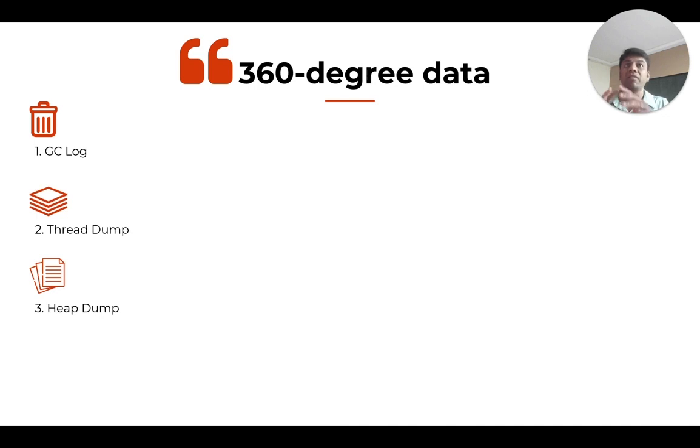That means the entire script completes running within 30 seconds, but if you take a heap dump, it's going to take a little longer, depending on how big your heap size is. So I will not capture a heap dump unless it is absolutely necessary, because it's going to stop your JVM. It's going to write the entire heap to disk. It all takes time. It may run for several seconds, sometimes even minutes.